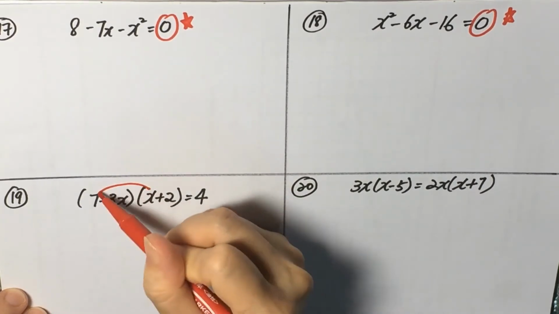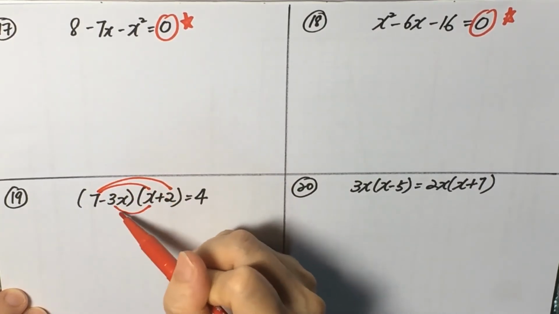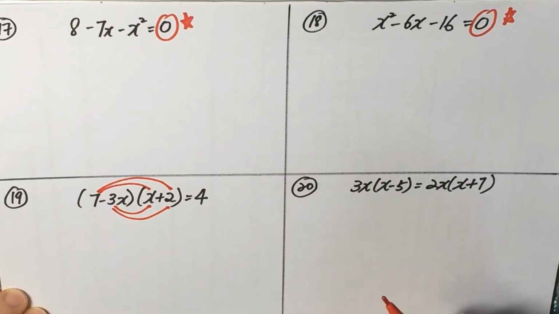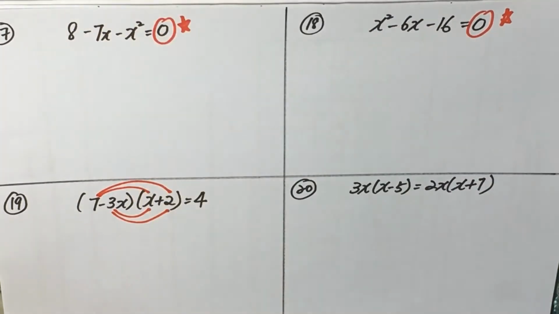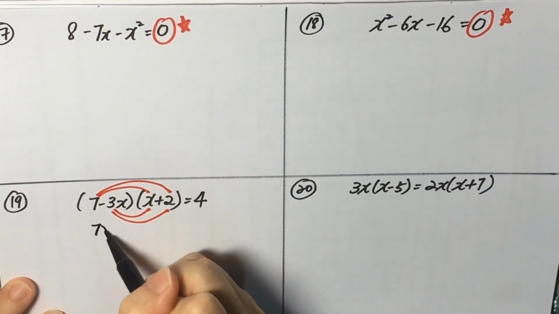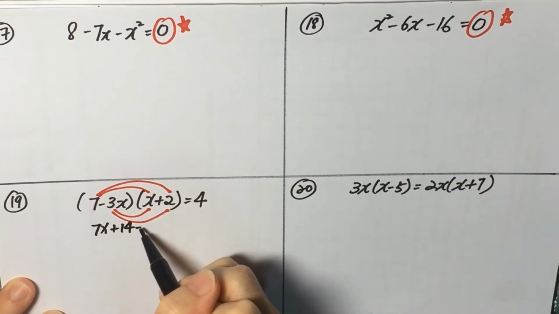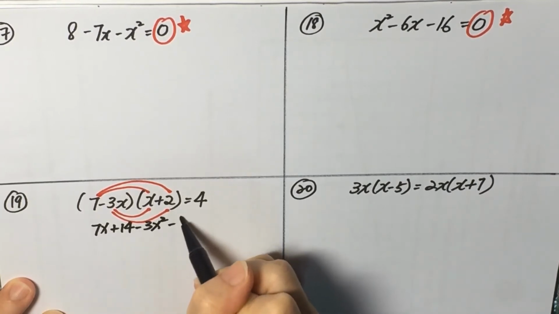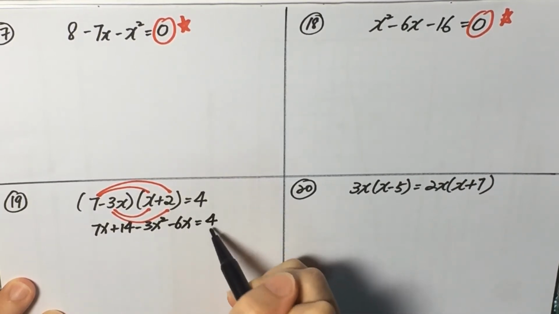So 7 times x, 7 times 2, 3x times x, and then 3x times 2. So when it is in the expanded form, it is 7x plus 14 minus 3x squared minus 6x equals 4.